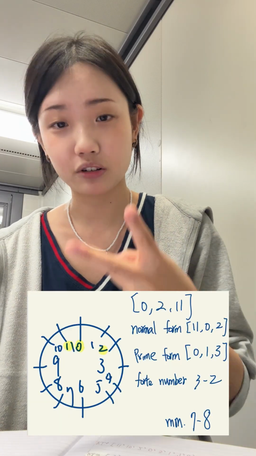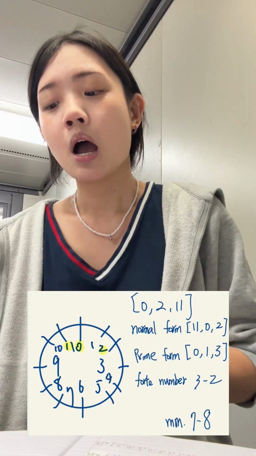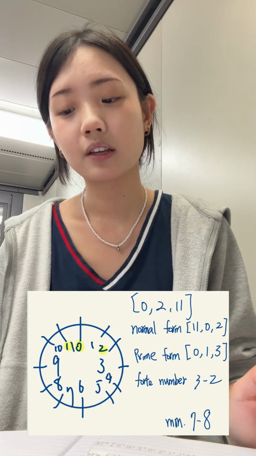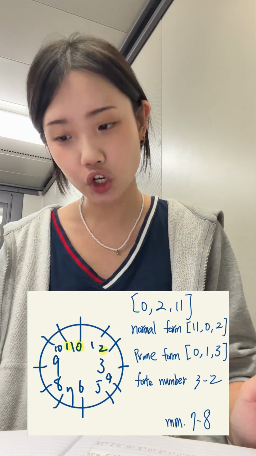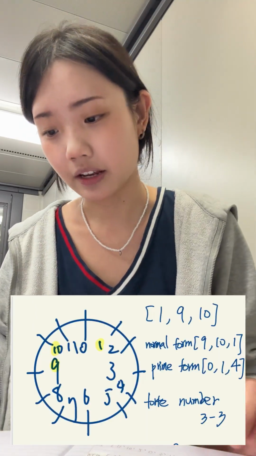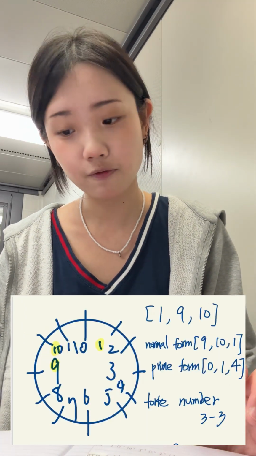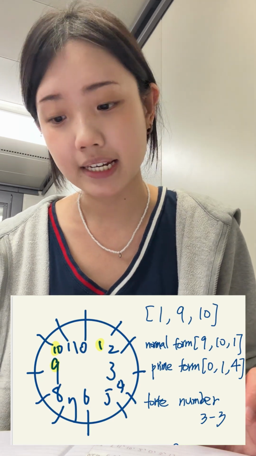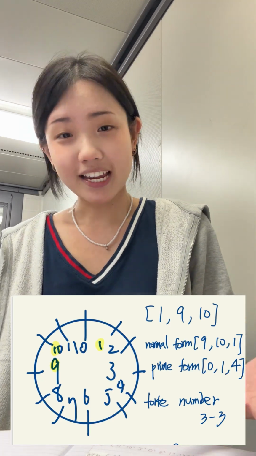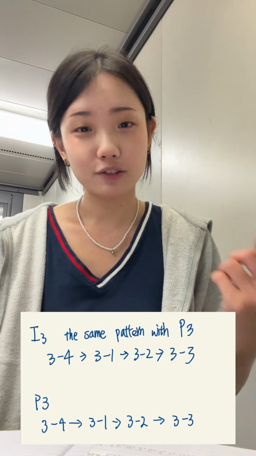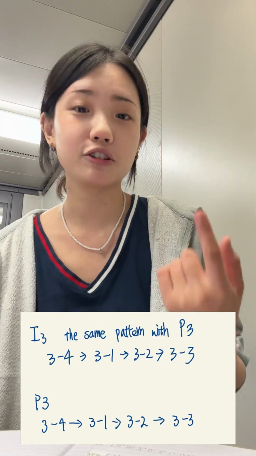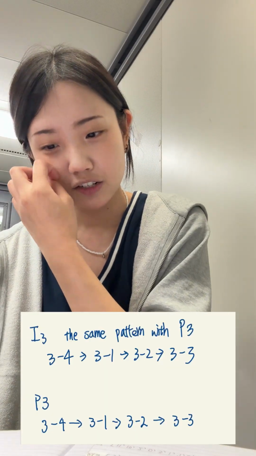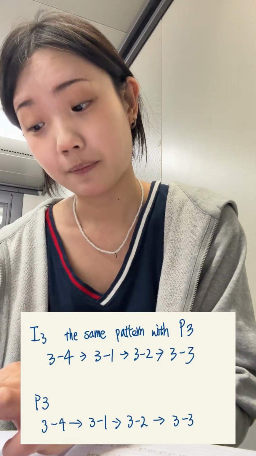Next 0, 2, 11, prime form 0, 1, 3, Forte number 3-2. And finally 1, 9, 10, prime form 0, 1, 4, Forte number 3-3. So again, we get 3-4, 3-1, 3-2, 3-3, just like the opening P3.